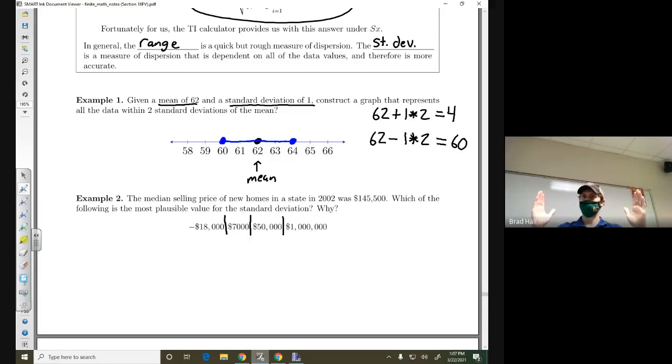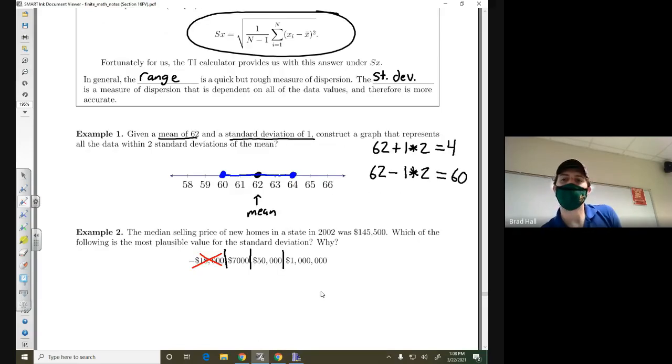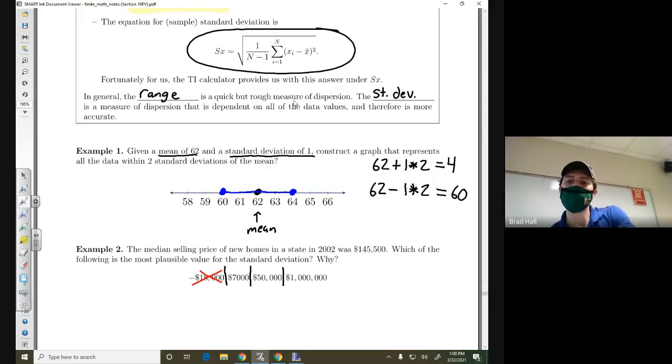This should be a very expected interval. So if anything, there's one of these values that we can knock off immediately. Standard deviation can't be negative. So that was pretty easy. In fact, I asked this question last semester. I can't give bonus points in this class, but I definitely would if I could. Why, using the formula above right here, why can the standard deviation not be negative?